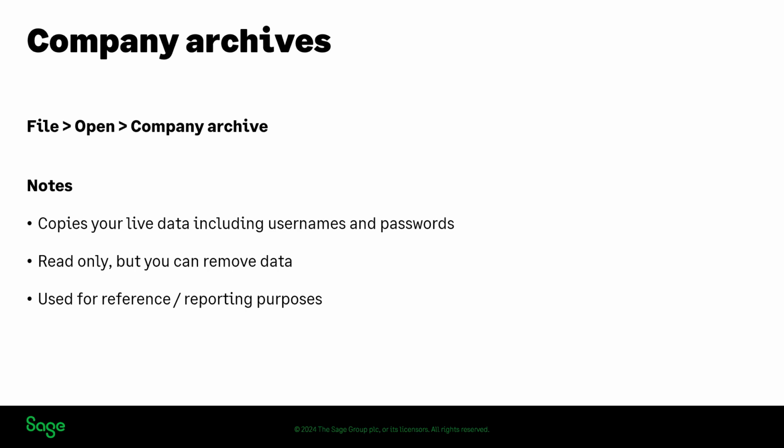But again, if you want to find out more about that, do get yourself registered for our company archives webinar. You'll find a lot of detail provided on that one. A lot of people get confused between company archives and backing up. So an archive is just an exact copy of your data at that point in time. You can't make changes to it. It's read only. It's there for reference purposes.